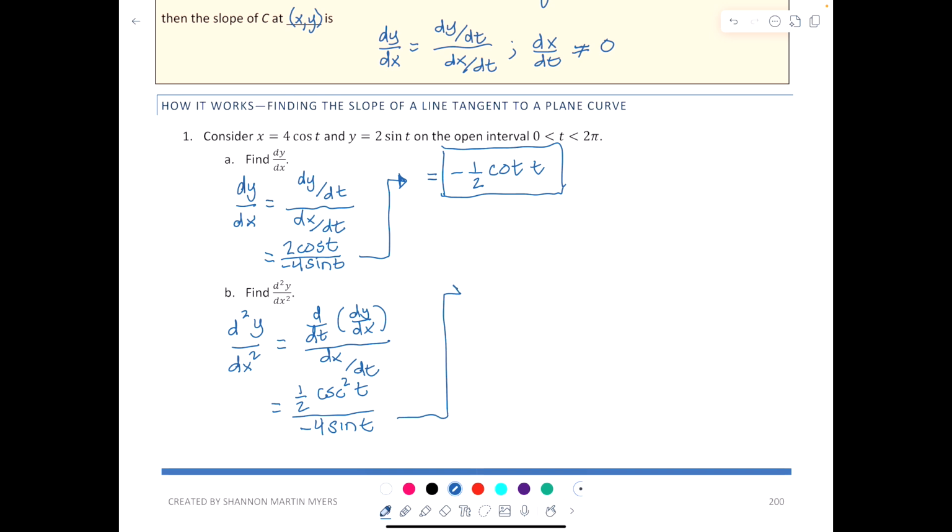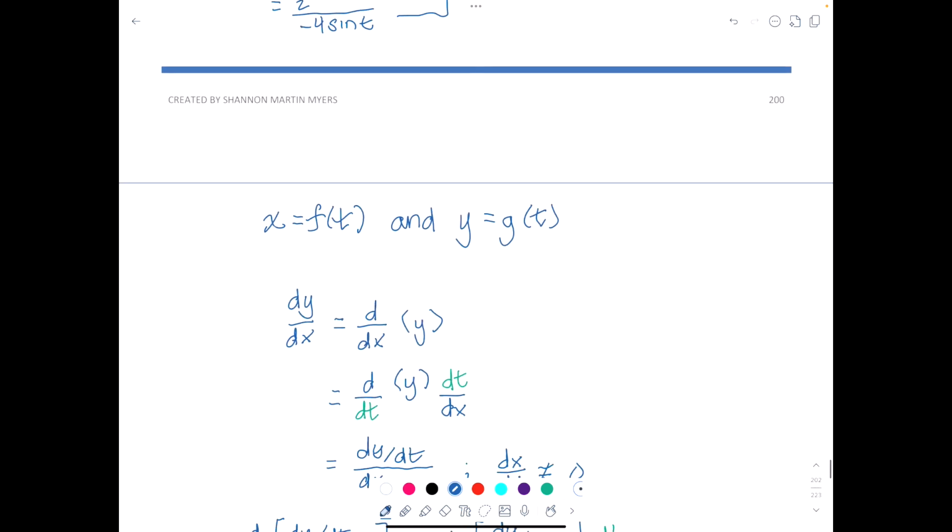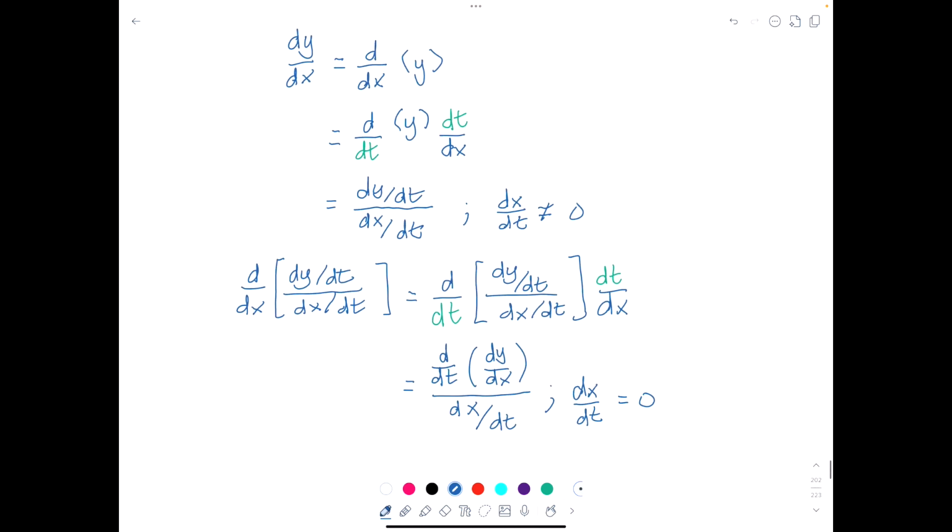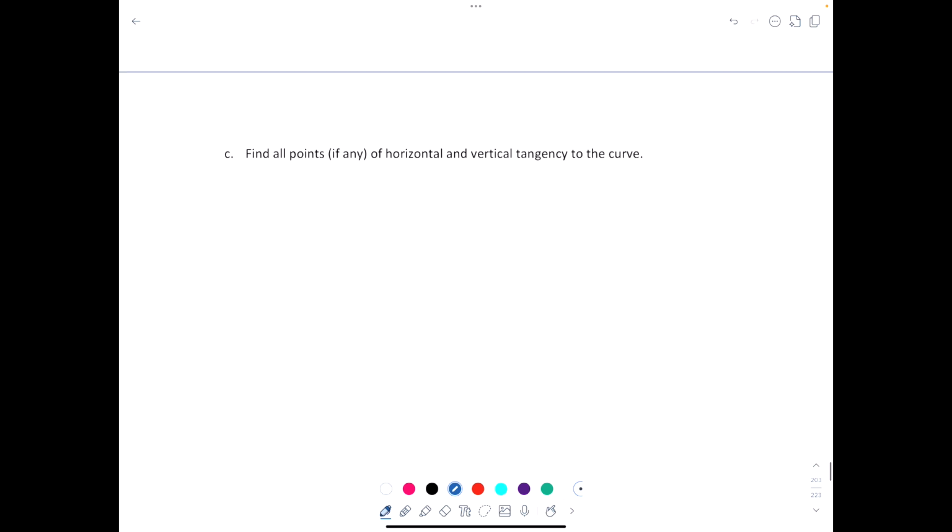And at the end of the day, we will have negative 1/8 times cosecant cubed at t. Groovy? All right, beautiful. Now, there's our derivations, and let's go on to the next.